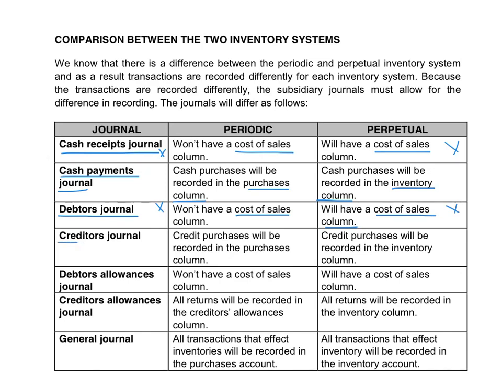In the creditors journal, when we buy goods, because we are not allowed to record anything in the inventory account, there will be a purchases column. So if we look at the cash payments journal, when we buy something for cash or on credit, we will have a purchases column that will replace the inventory column, because we are not allowed to write in the inventory account.